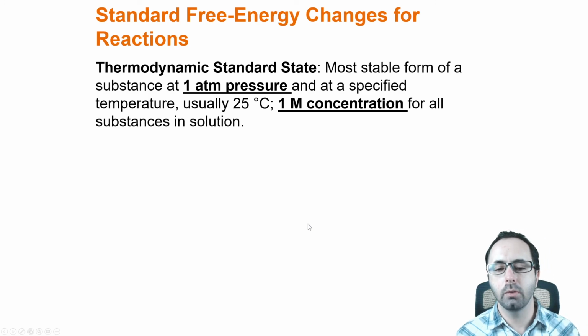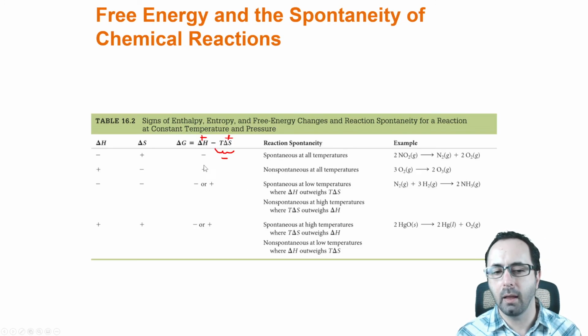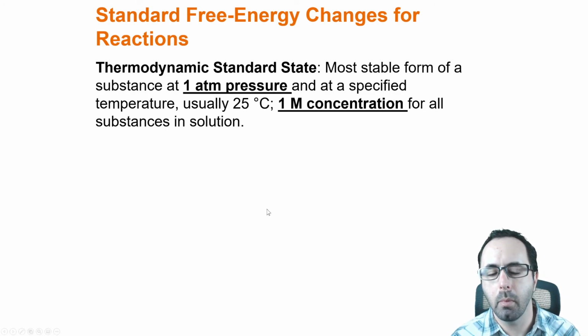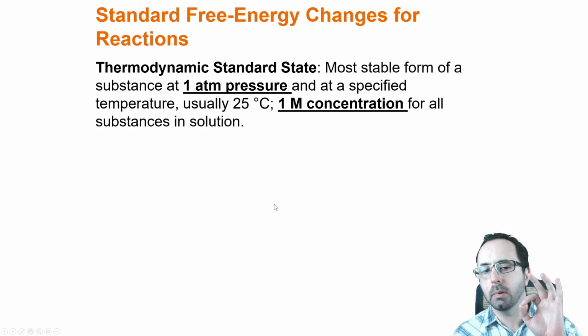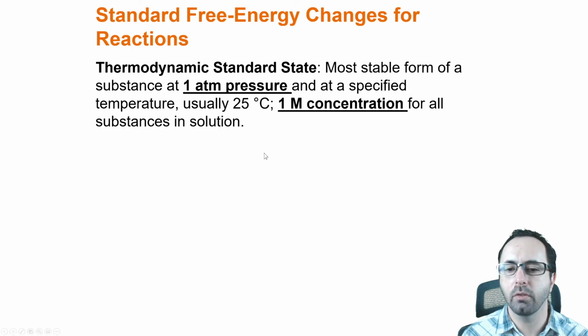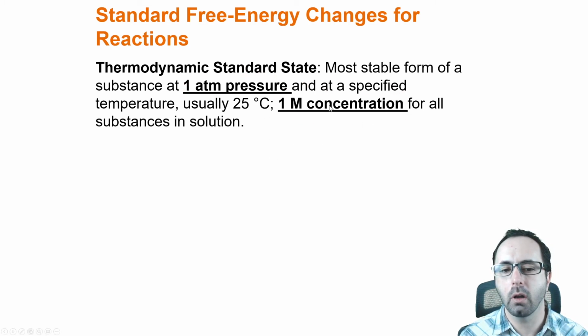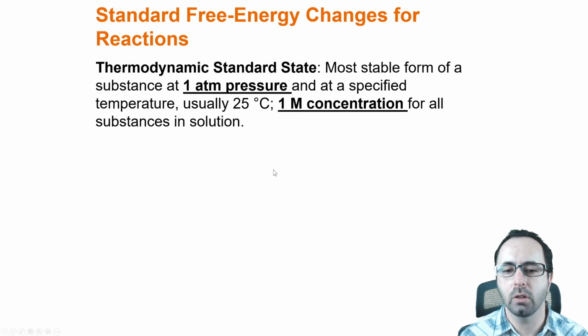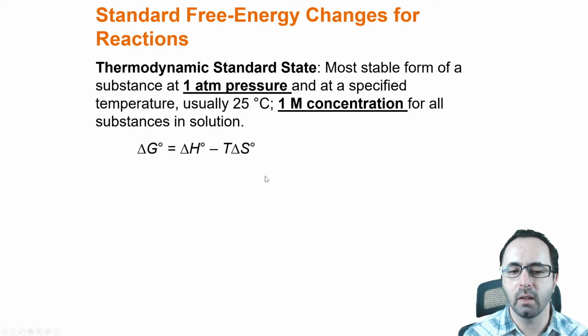Finally, just note that we haven't been using standards here, right? There is that little standard symbol. So if you see standard, remember standard is talking about a very specific state. It is a state where we have 1 atmosphere pressure for all gases and 1 molar concentration for all substances in solution, and a particular temperature like 25 degrees Celsius.